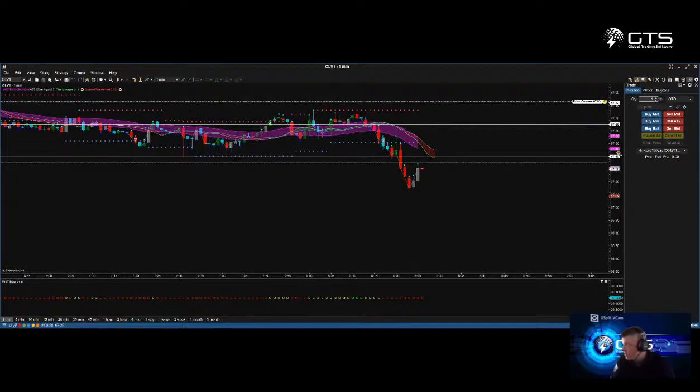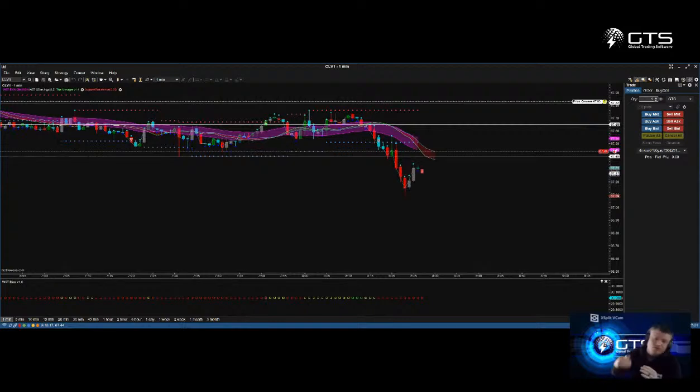So your entry was right there at that support level. So if it theoretically comes back up to right here, you're back to the entry. Given the fact that it's a 6-star, if you're looking to add to a position, you wait for some sort of retracement, right, back up to a good solid level.